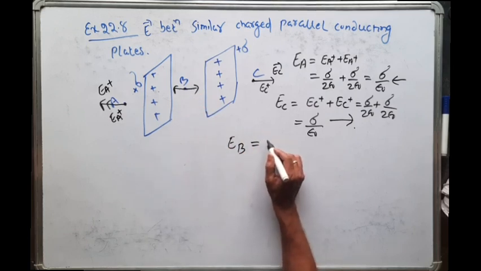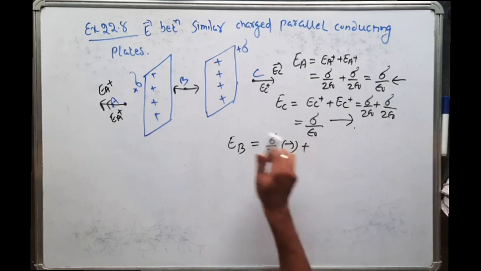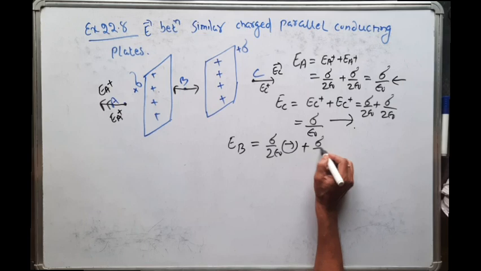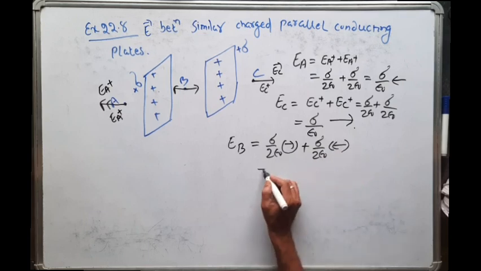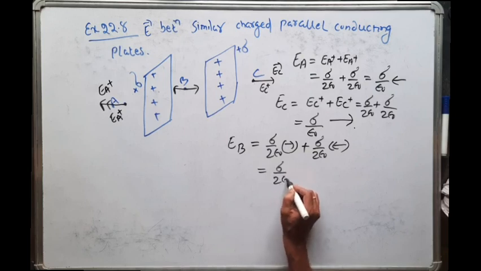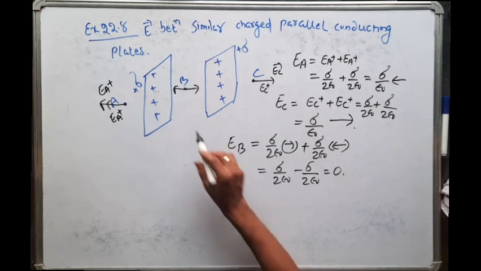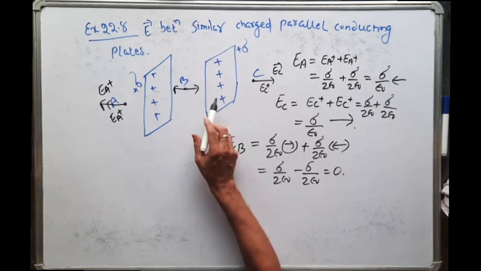Due to this one it is sigma by 2 epsilon naught towards right, plus due to this one the electric field intensity is towards left, but the value is the same, sigma upon 2 epsilon naught. If you add, both will be subtractive. So the net electric field intensity will be 0. So this is the situation. But actually we are interested in the electric field intensity due to oppositely charged plates.